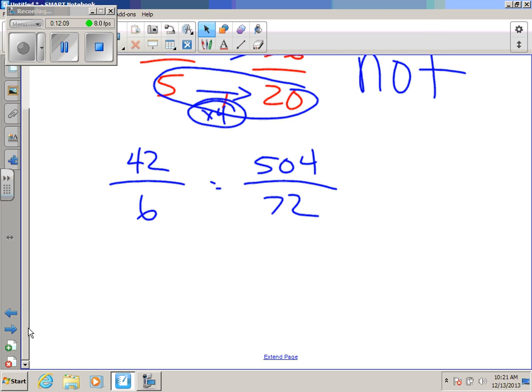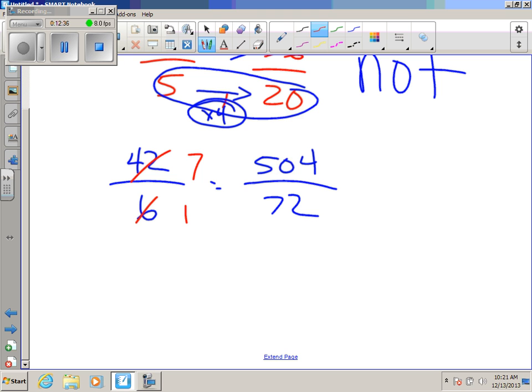You may not be able to see a relationship right away. What was our second step that we used? No, that was step 1. What was the second one? Simplify. Can I simplify 42 over 6, Sarah? To what? 7 over 1.